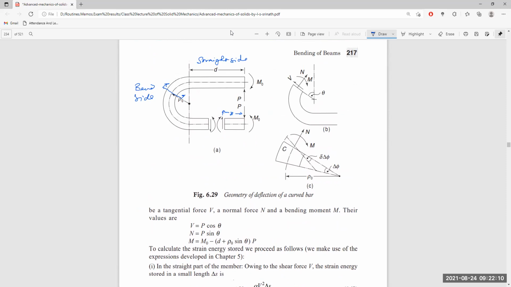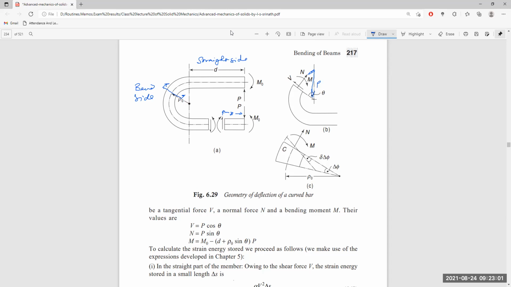If P is acting here like this, then from this right angle triangle, where P acts as the hypotenuse, V will be equal to P cos theta, which is the cosine component of the external force, equal and opposite to V. And there is a normal force acting over it in order to balance this beam.